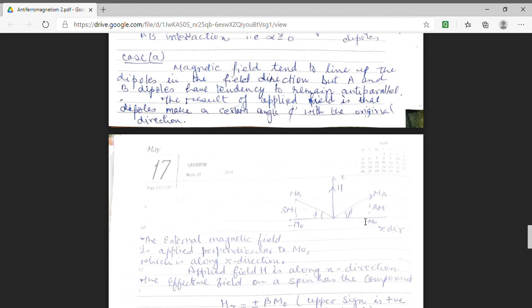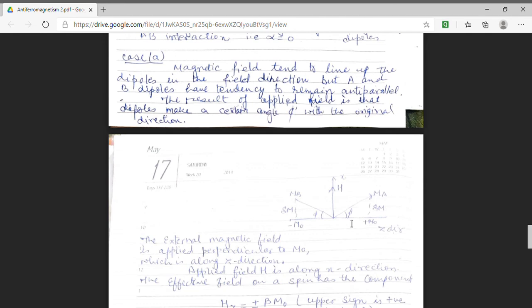Plus Z denotes the direction of the A sublattice, and the direction of the B sublattice is minus Z. And we are applying the external magnetic field in the perpendicular direction, that is the X direction, denoted by H. Now, by applying the field, these dipoles will make a certain angle phi with the original direction because they tend to align themselves in the applied field direction.